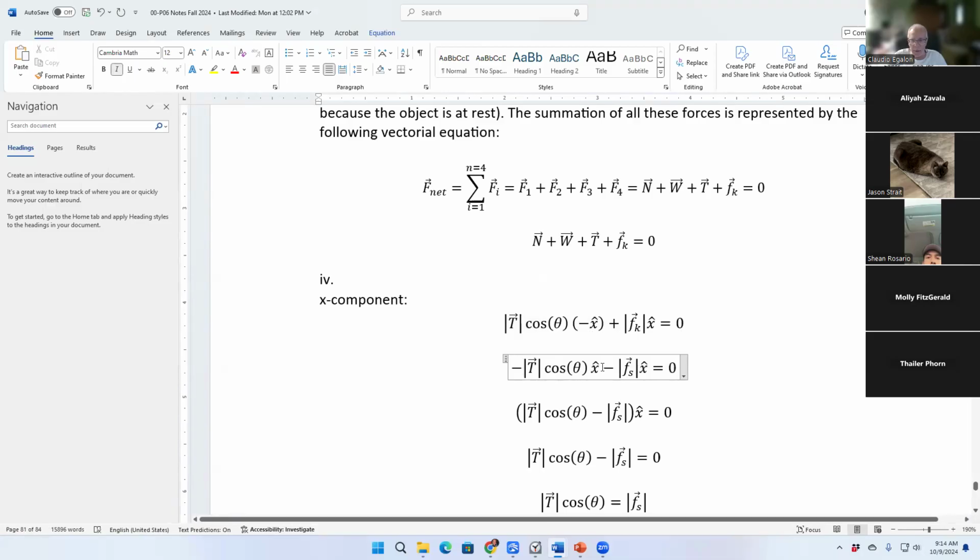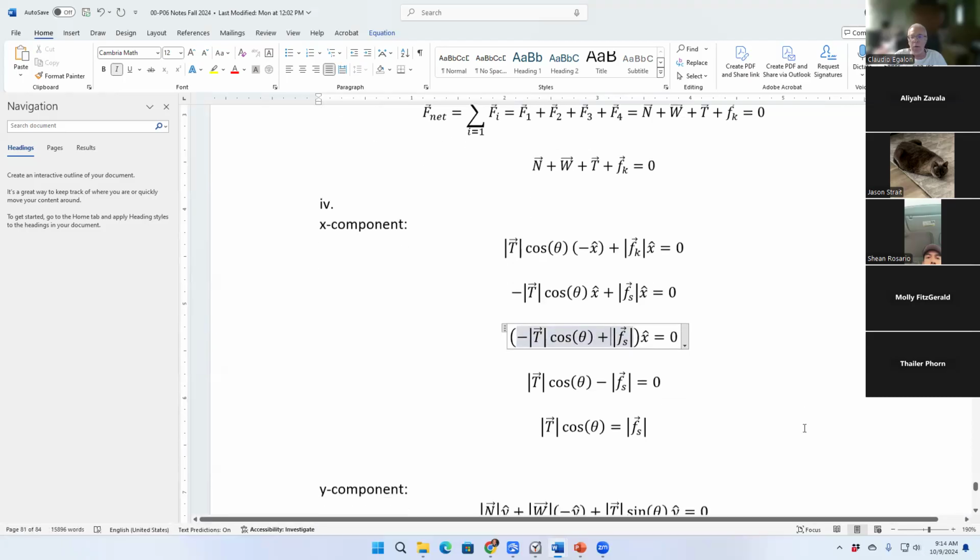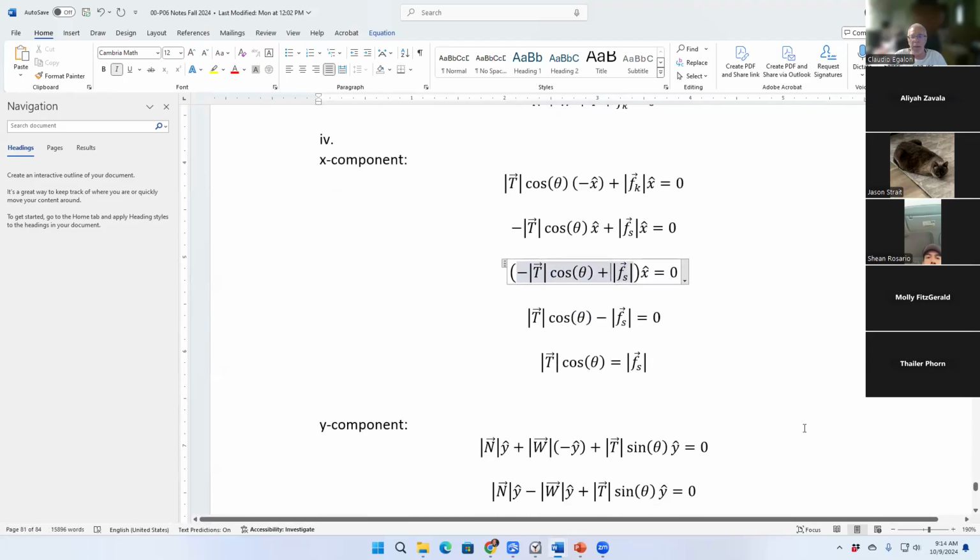Let's continue here. Put x hat in evidence, just like we do in regular algebra. And now we take the scalar portion of the vectorial equation and make it equal to 0.